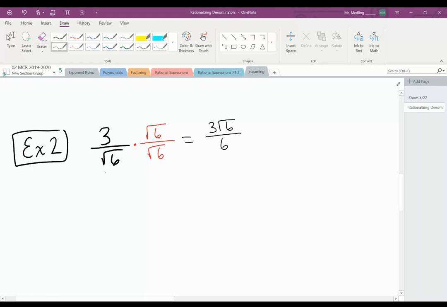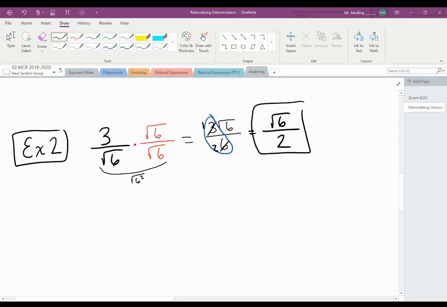Hopefully you're all starting to realize that when you multiply a square root by itself, you basically get rid of the radical, because this is the square root of 6 squared. But if I look at 3 square roots of 6 over 6, I can simplify that, because 3 over 6 is just 1/2. So I have the square root of 6 over 2, because I can take the 3 out of both of those, leaving a 1/2. You always have to simplify your answers.